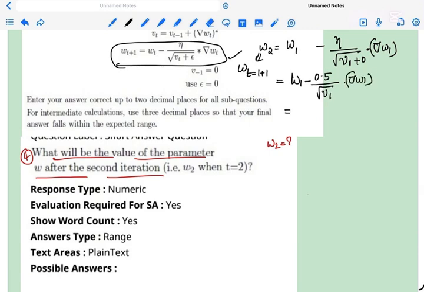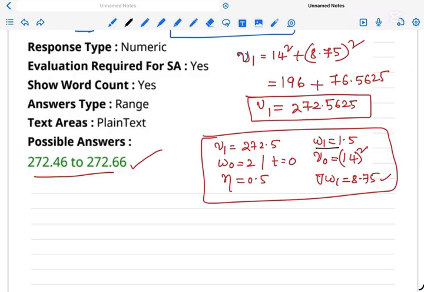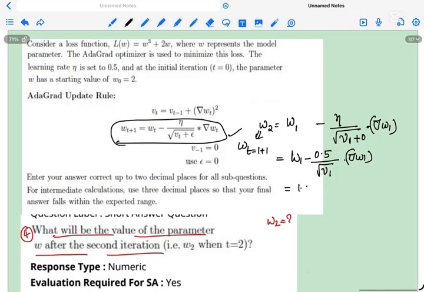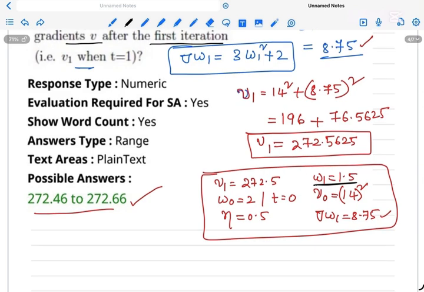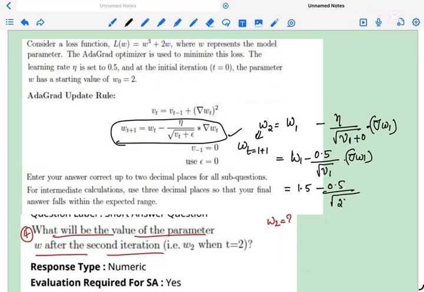So w1 we already calculated in the previous question, 1.5. w1 is 1.5 minus 0.5 divided by square root of v1. This value v1, 272.5625, we already calculated in the previous question, times delta w1, which is 8.75.